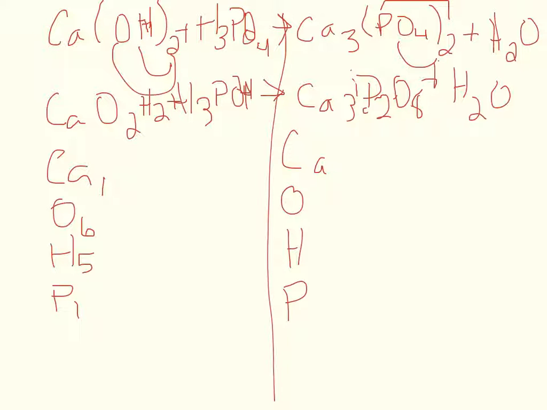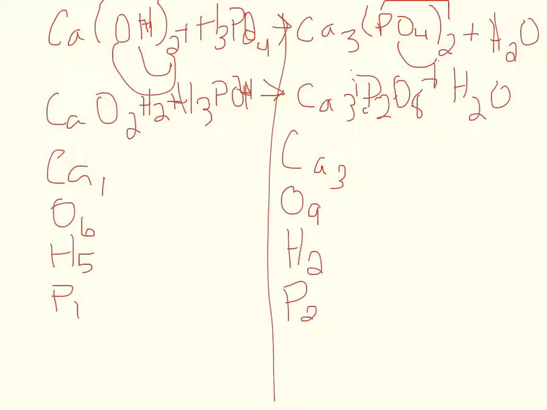On the right side there is 3 Ca, 9 O, 2 H, 2 P. Now, we need to get the same amount of numbers on each side.